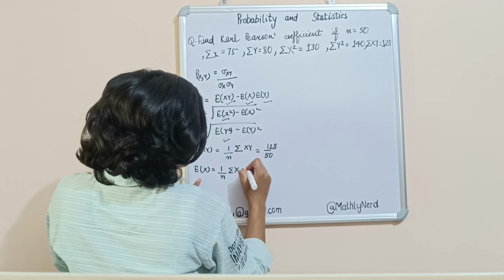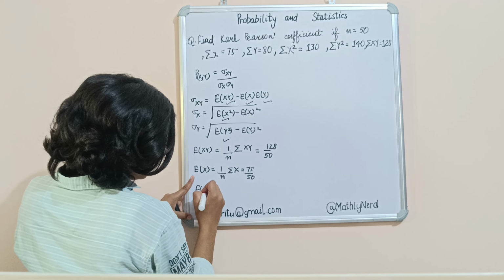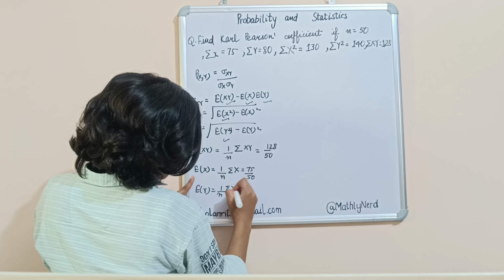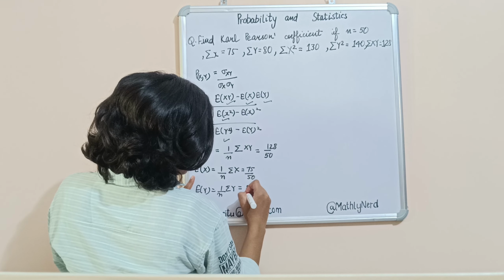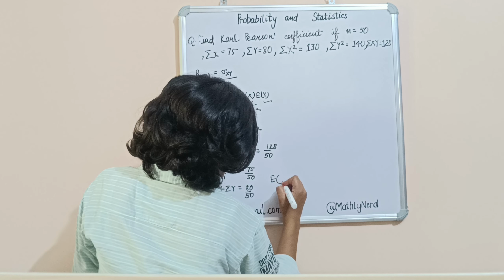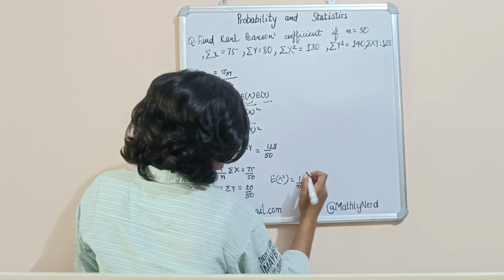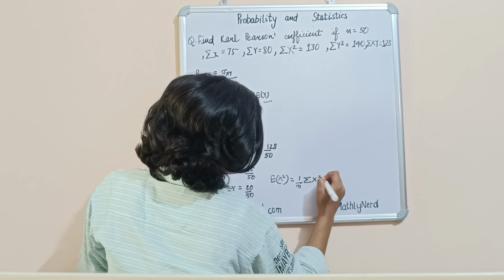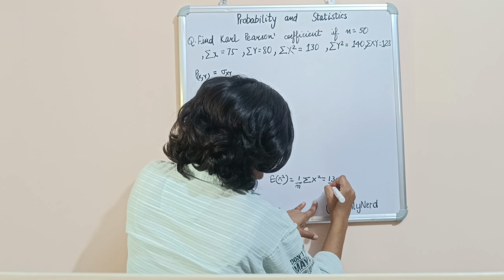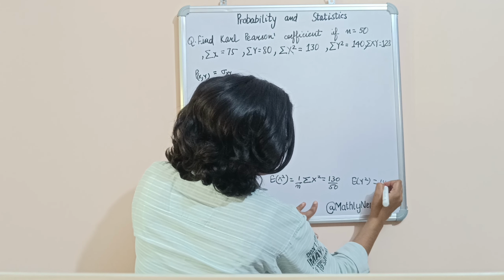This equals 75 by 50. E of y equals 1 by n times summation y. This equals 80 by 50. Our E of x square will be equal to 1 by n summation x square. This equals 130 by 50. Similarly, E of y square equals 140 by 50.